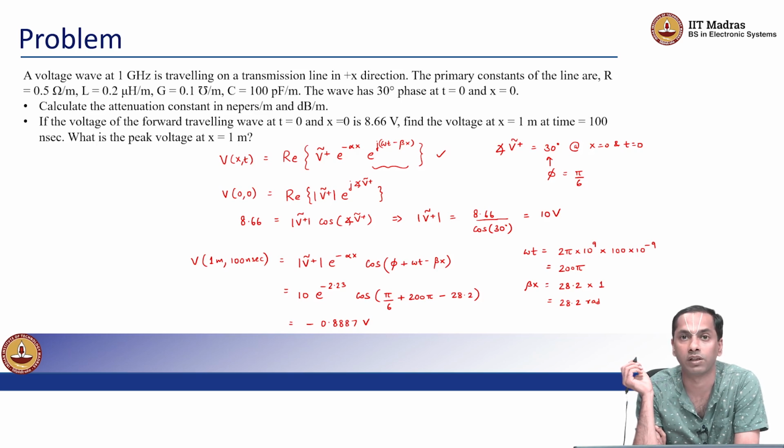So pi radians is about 3.14, right? So 28.2 you can sort of roughly estimate about 9 pi, right? 9 times pi would bring you close to 28.2, right?